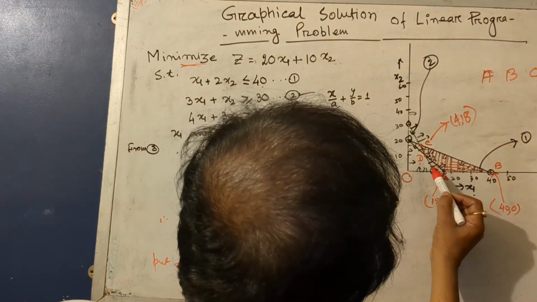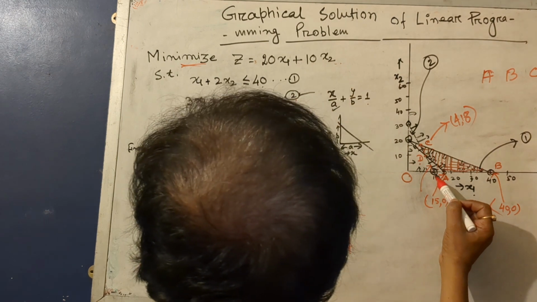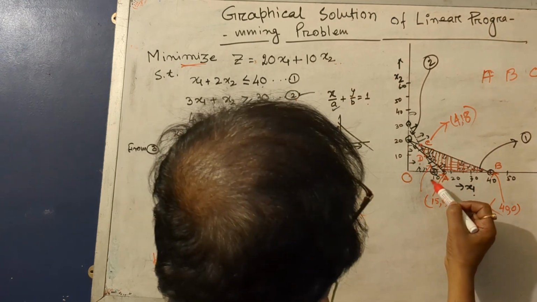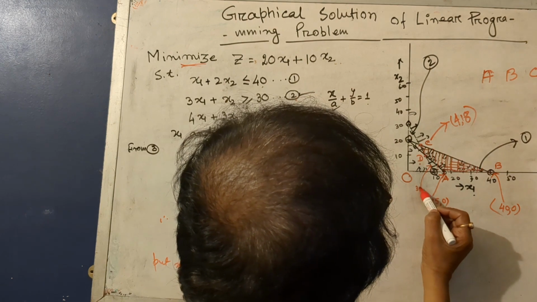Now the D means which equation you have to solve. This is 2 and the equation of this is 10. Which one? 1, 2 and 3. This is equation 3.